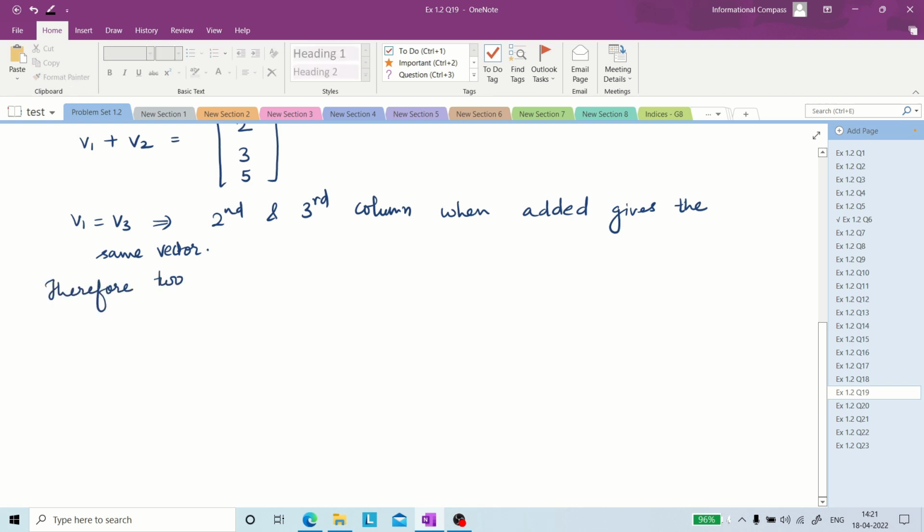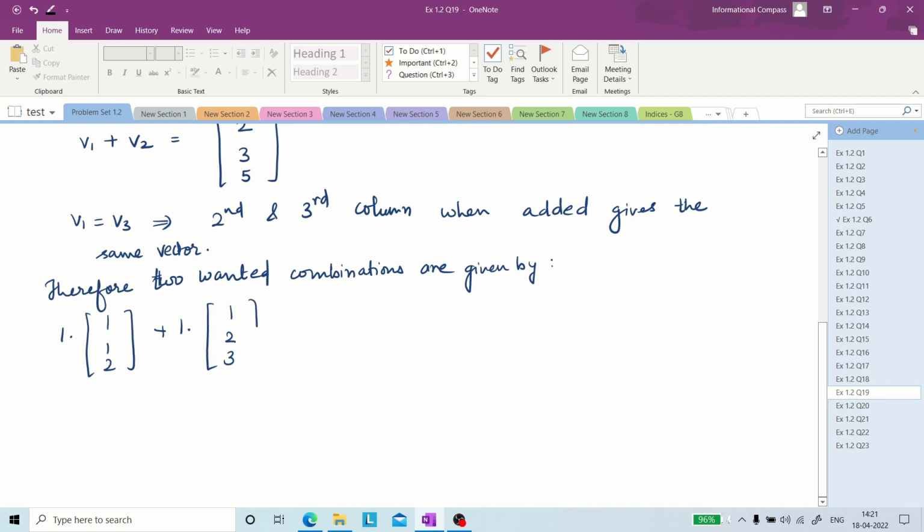Therefore, two wanted combinations are given by 1 into 1, 1, 2 plus 1 into 1, 2, 3 plus 0 into 1, 1, 2 equal to what?